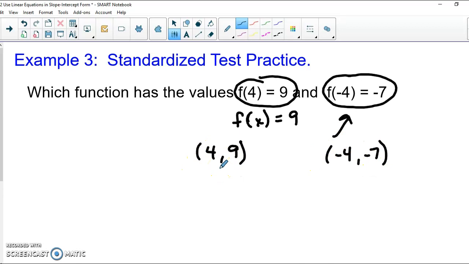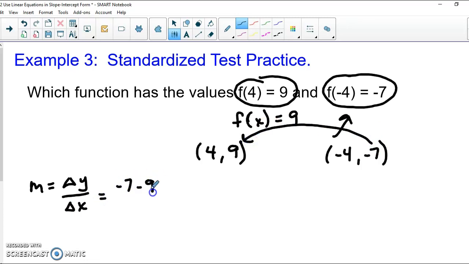So first I'm going to find my slope. So we're going to do the change in y over the change in x. So negative 7 minus 9 over negative 4 minus 4. And as I simplify, negative 7 minus 9 is negative 16.